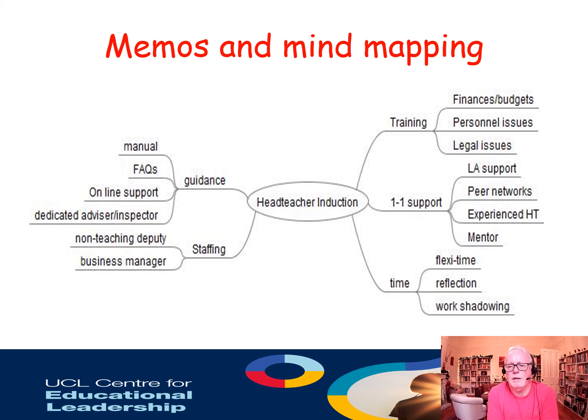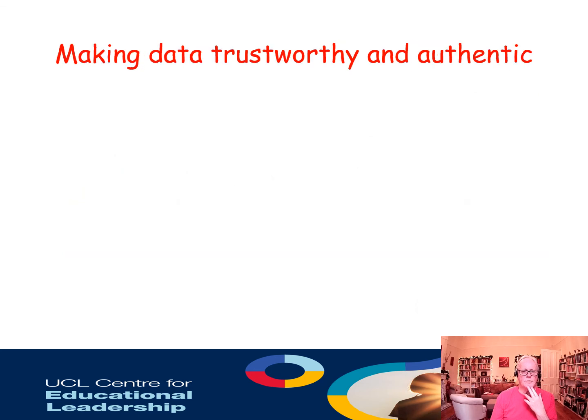To support training, there was finance, budgets, personal issues, legal issues, one-to-one support, blah, blah, blah. So what I ended up was the various individual codes. There's 3, 7, 10, 12, 16 individual codes there. Actually developed down into 5 themes: guidance, staffing, training, one-to-one support, and time. Okay, and then I report my findings accordingly, according to that mind mapping exercise.